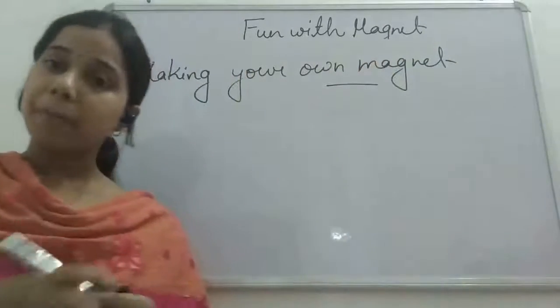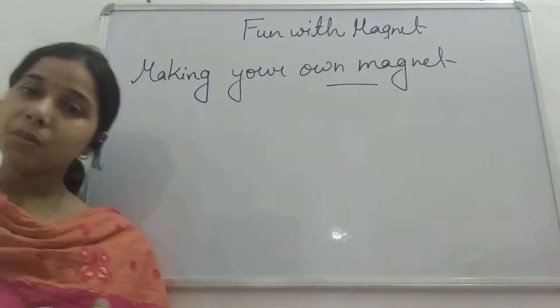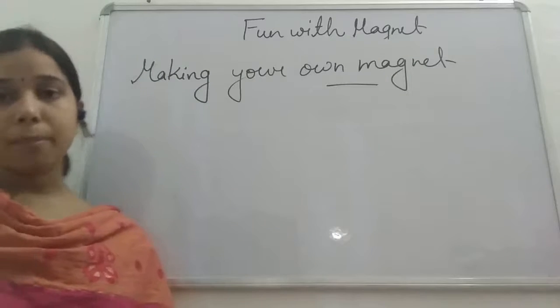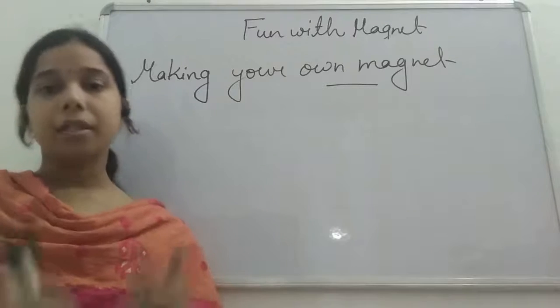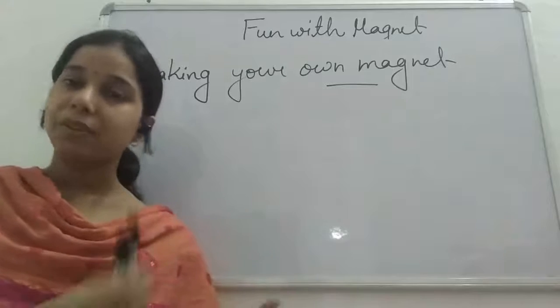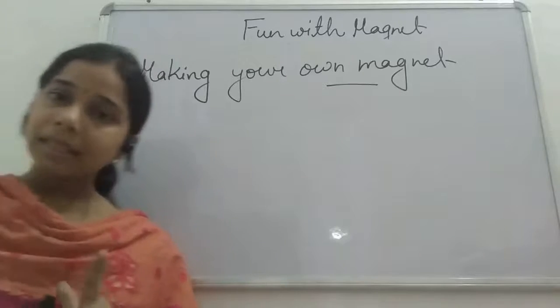So how can we prepare our own magnet, students? You see, a magnet is something which has the property of attraction. So if we are able to make an object show the property of attraction, then we can say that we have converted that object into a magnet. For that, one thing is important, students.